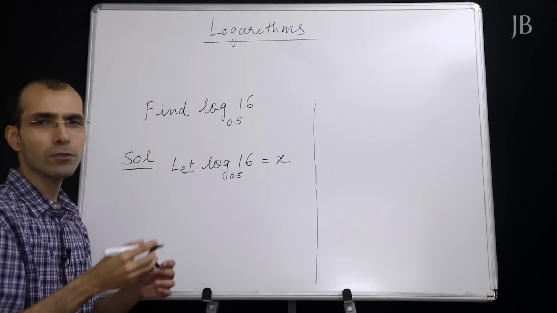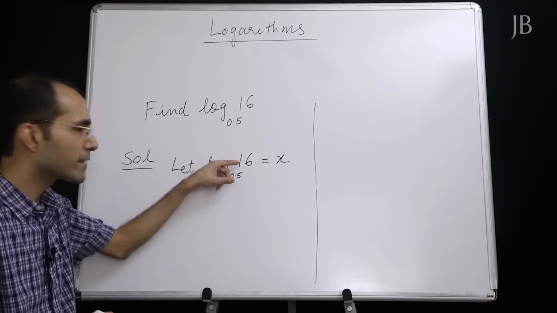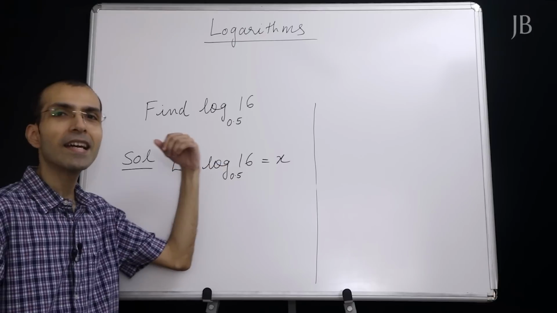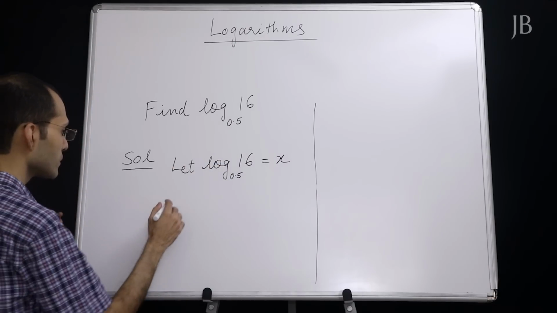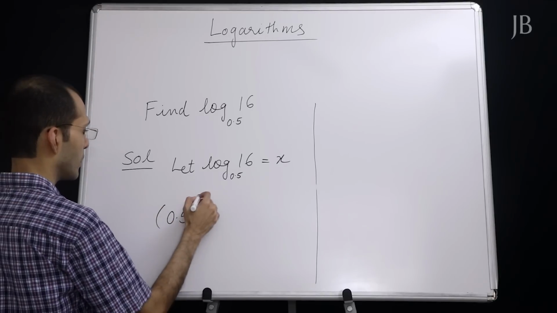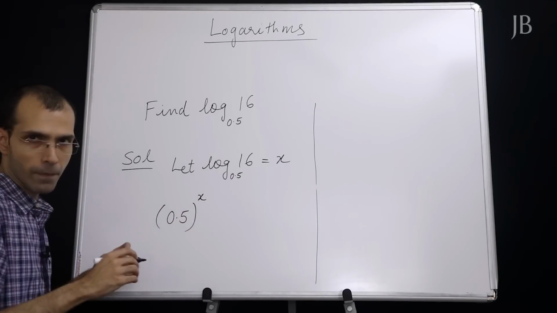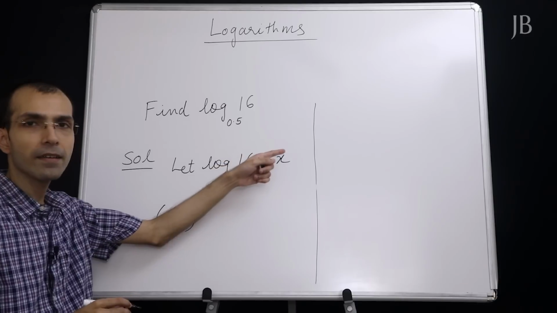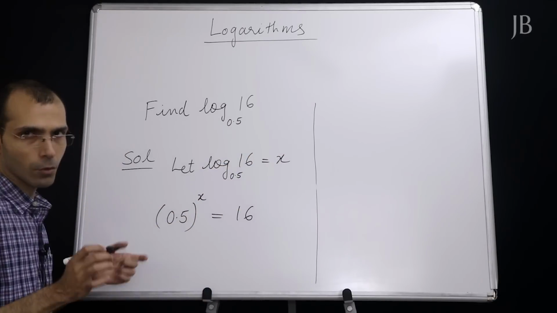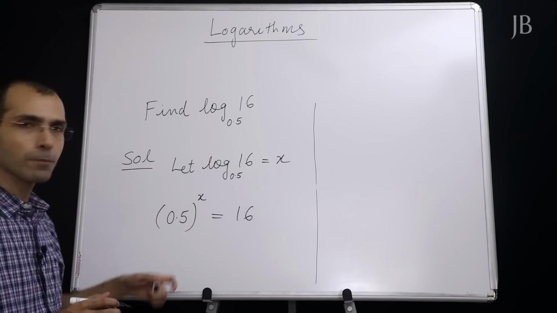Let the answer be x, whatever it is. Now 0.5 raised to x will be 16. This is converting log form into exponential form.